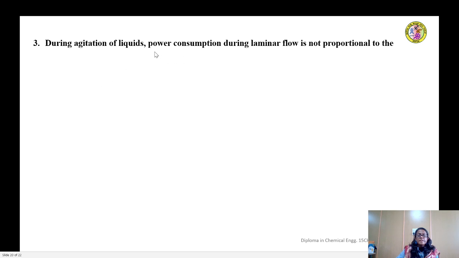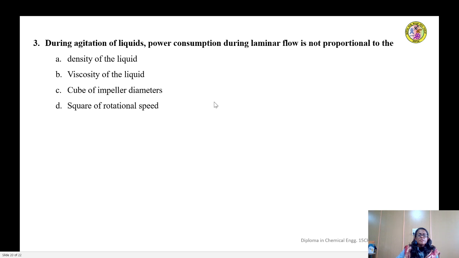During agitation of liquids, power consumption during the laminar flow is not proportional to density of the liquid, viscosity, cube of impeller diameter, square of rotational speed. So at laminar flow, it does not depend upon the density.